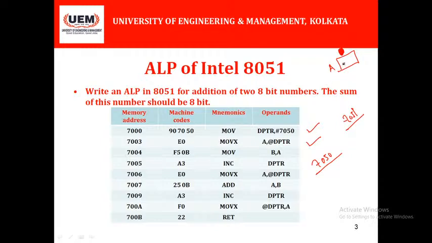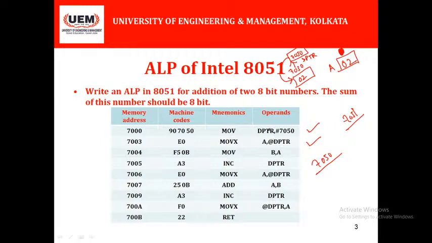Suppose the A register value is 02, and at 7050 we have the 02 value. Now whenever we store 7050 in DPTR, the DPTR value is 7050, and DPTR is pointing to this location.